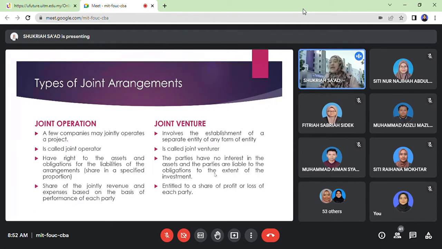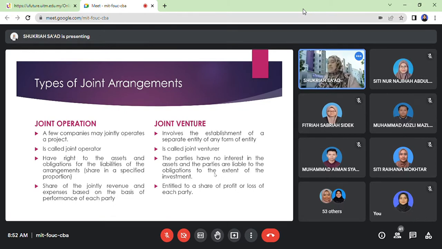Whatever assets are related to that new separate entity belong to that entity. So the partners will not have any rights to the assets. They are only liable up to the amount of capital contributed by company A and company B. It's the same as a partnership.